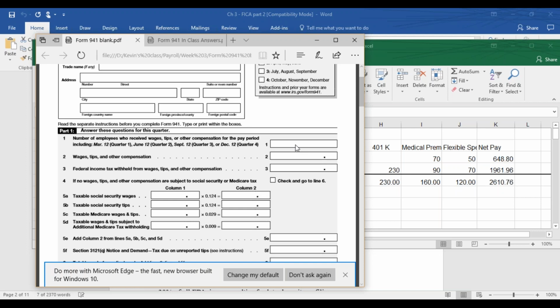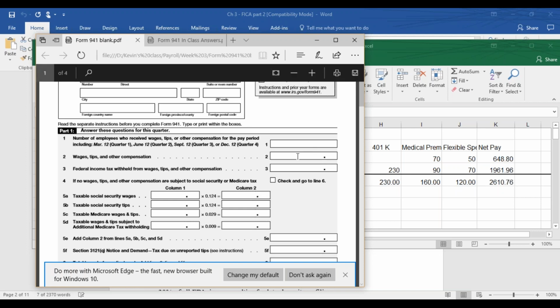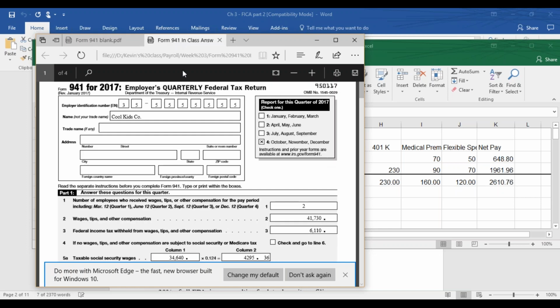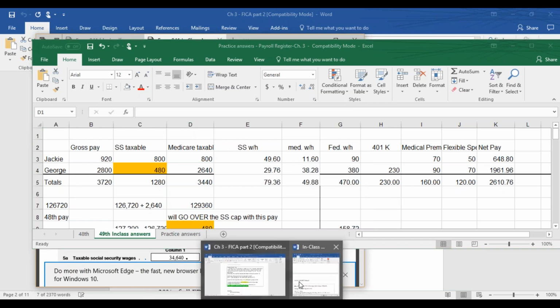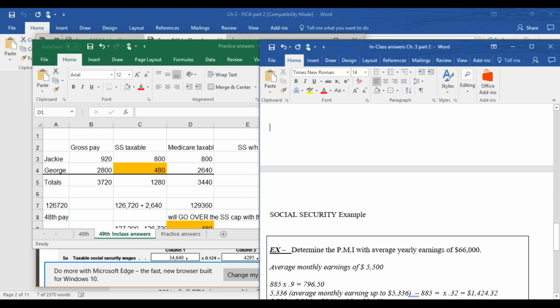For box 1, number of people that we had working, we would simply put in 2. We had 2 people working in the 4th quarter. Wages. Remember, this is our actual taxable for federal purposes. And let me pull up how I get the answers.